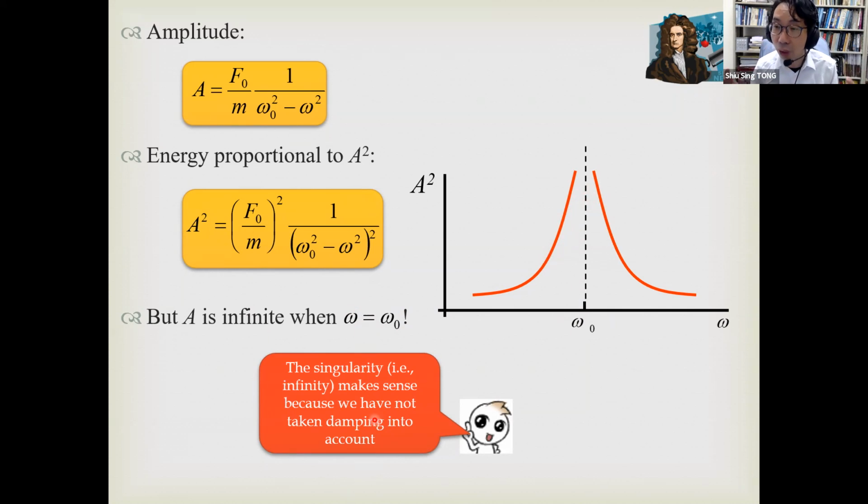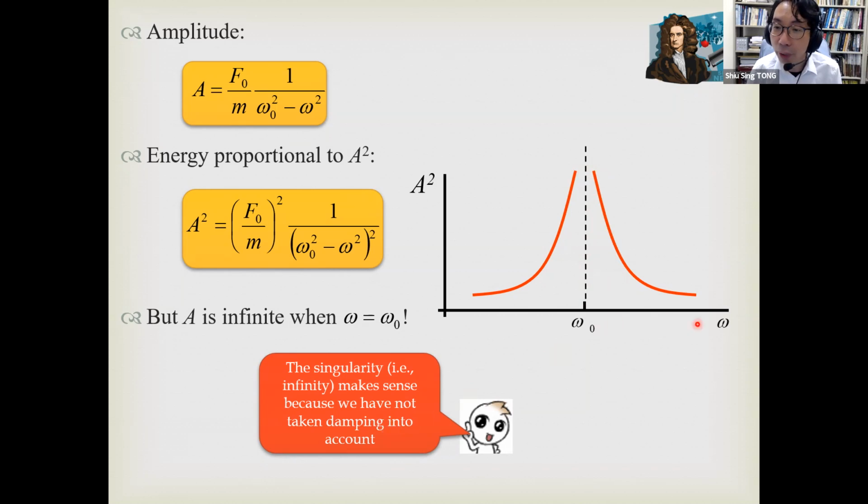In reality, there's always some damping force that dissipates the energy, so the amplitude will not go to an infinitely large value. The singularity here reflects that we use a model that is not so realistic because we do not include the damping in this model.